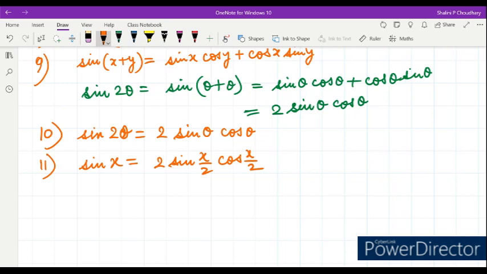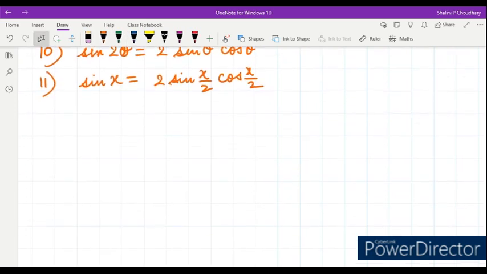Before seeing the formulas, we should know the values of the functions sin, cos, and tan.